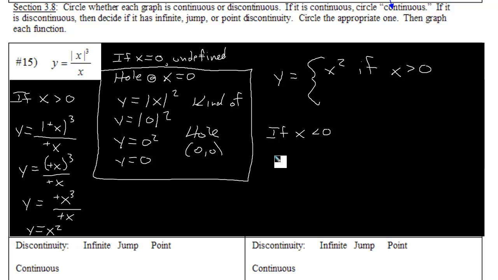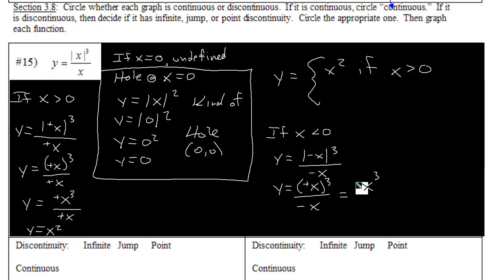What happens? Well, using the make-believe method of Gnomeville, we put a negative in for x, denoted by a negative x. What's the absolute value of a negative number? Well, it's a positive number. Like before, what's a positive x cubed?